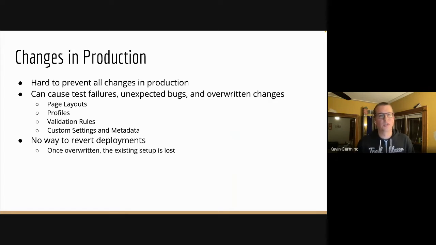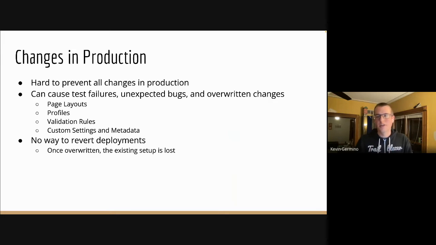Very big enterprises certainly can, but many companies have at least some path for some things to be done in production, because there are admins running things who need to be able to make changes quickly, who aren't used to deployments. And part of the sales proposition for Salesforce is that you can easily and quickly make changes. So how easy and quick is it to change a page layout if you have to go through 4 rounds of deployments and testing to add a field to a layout? So these things will happen, and very often there will be things that get changed directly in production.